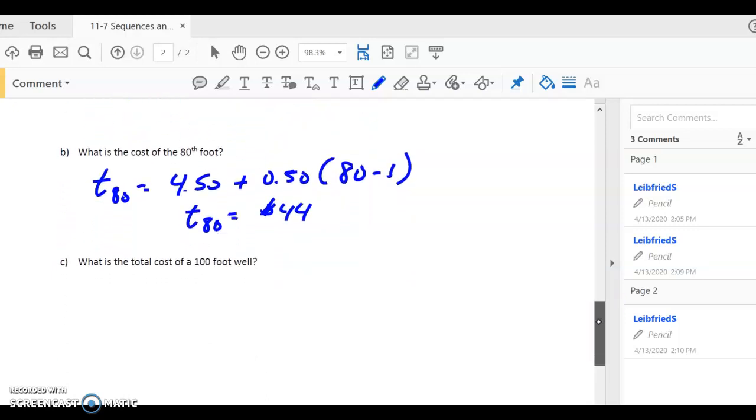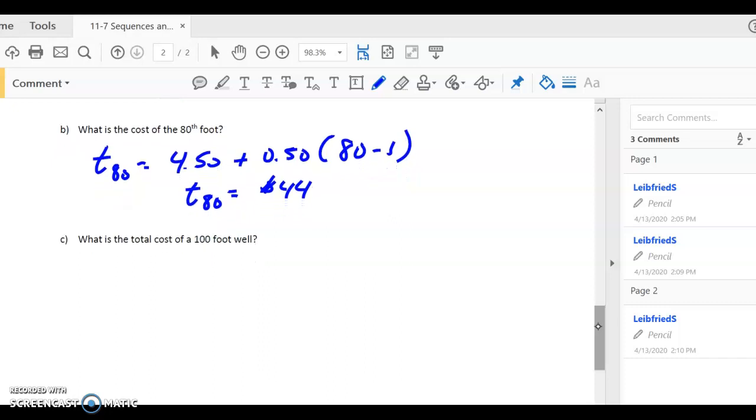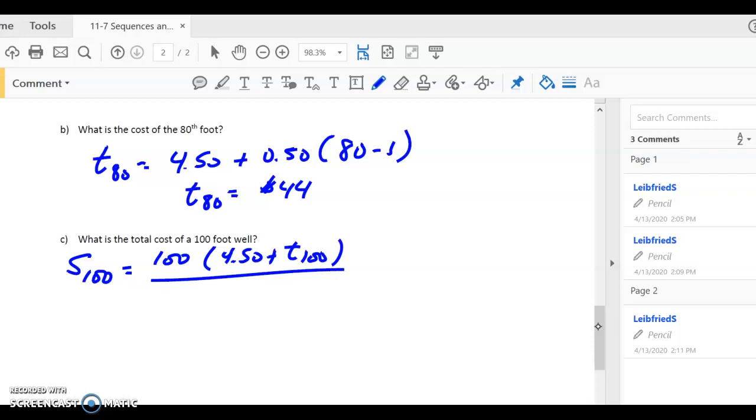What's the total cost of a 100-foot well? Now we don't want just the 100th foot, we want the total cost, digging it all the way down, layer 1, layer 2, layer 3, all the way to layer 100. So we're going to do the sum of 100 terms. Arithmetic sum formula: 100 times 4.50 plus T100, all over 2.